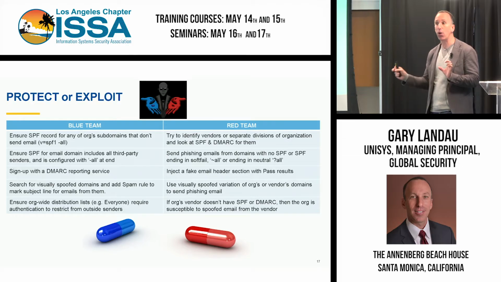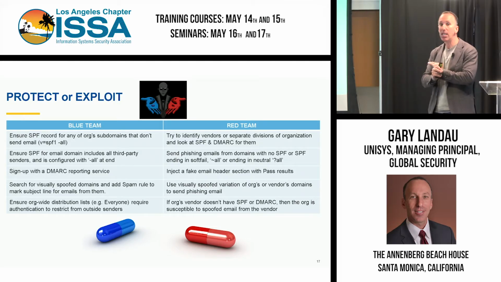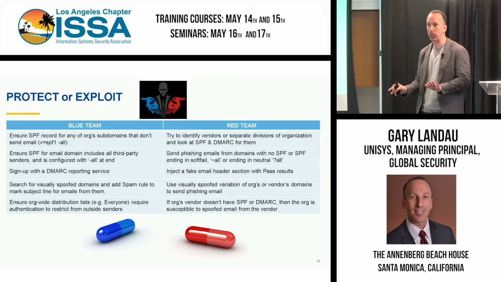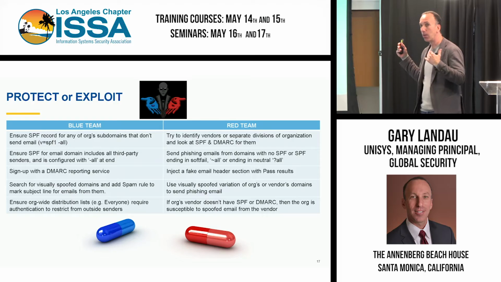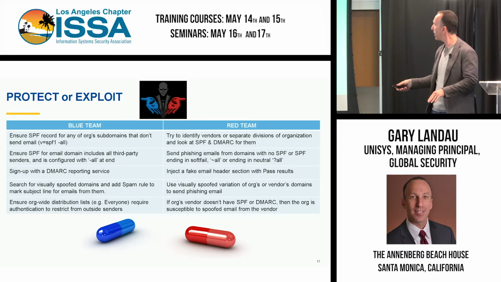And you want to do that for all your divisions. And then if you have a subdomain or division that email is never going out as, you actually want to proactively put an SPF record in that DNS that says no email servers are allowed. You're basically just putting in an empty SPF record that just has a -all at the end.